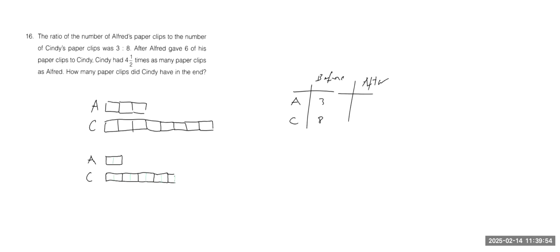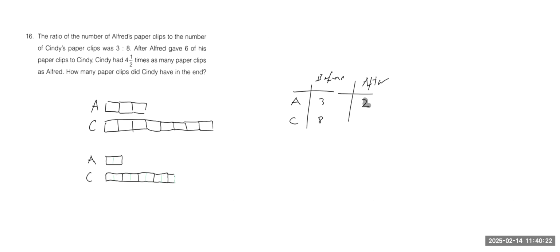So this 1 to 4.5 times becomes actually 2. So Alfred, oh, that's a highlighter. We don't want a highlighter, we just want a pen. Now we have, Alfred has 2 units and Cindy has 4.5 times 2 because everyone got broken down into 2 except the half there. So she has 9.